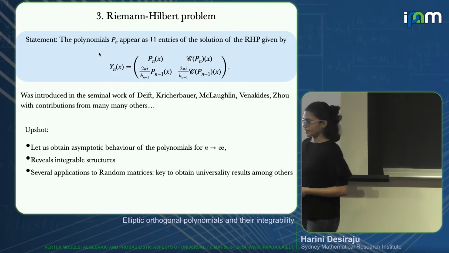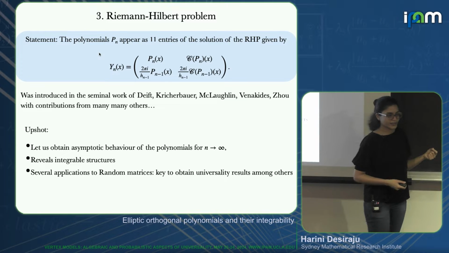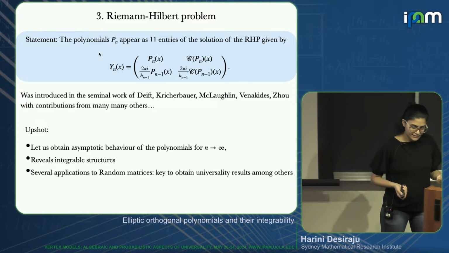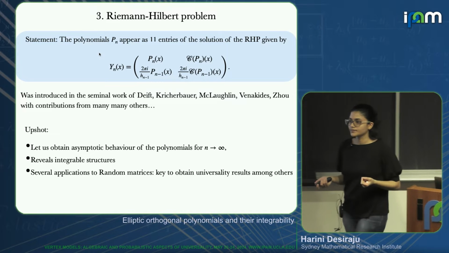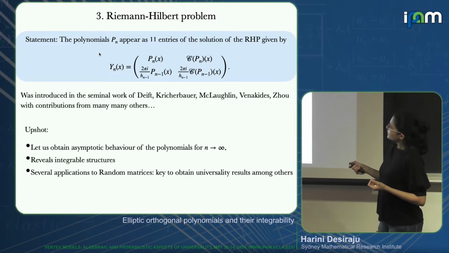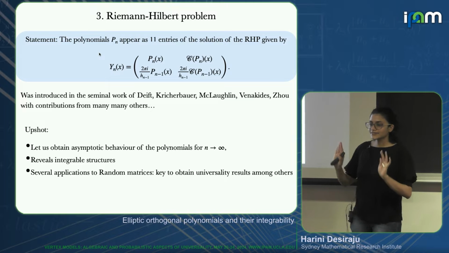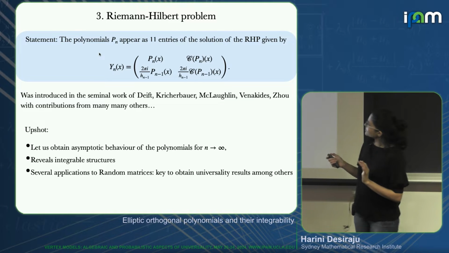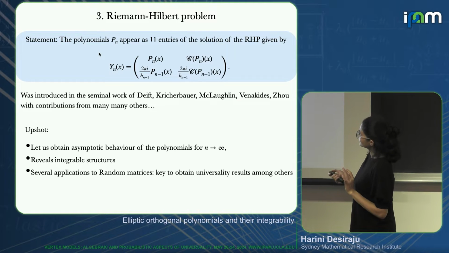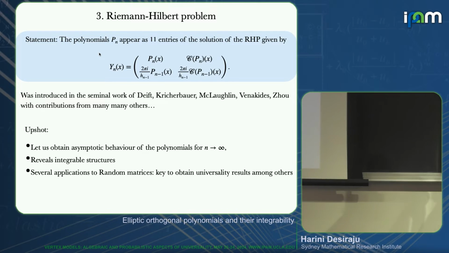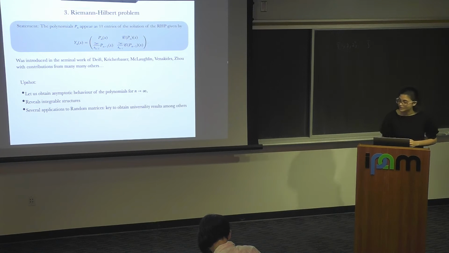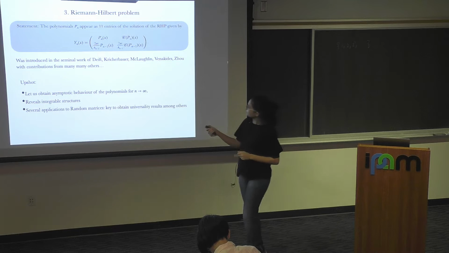Why is this useful? Studying the asymptotics of polynomials in very complicated cases is usually a hard task. But studying the asymptotics of Y_n is a relatively easier task. So the name of the game is to study the asymptotics of Y_n and try to deduce the asymptotics of the polynomial.